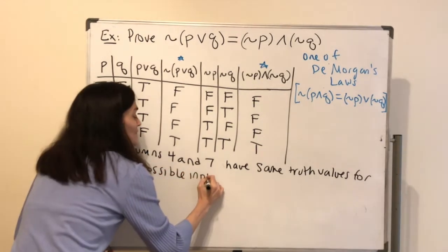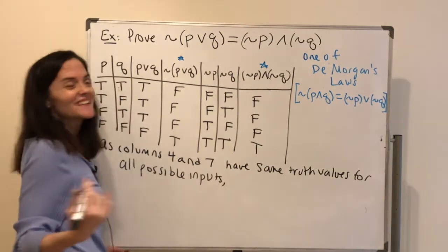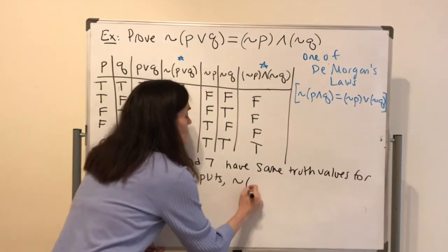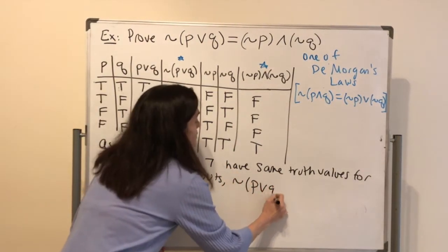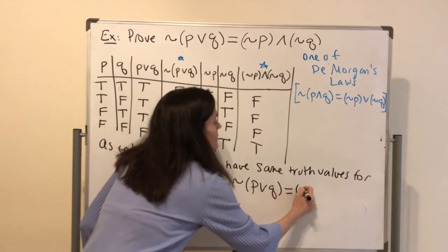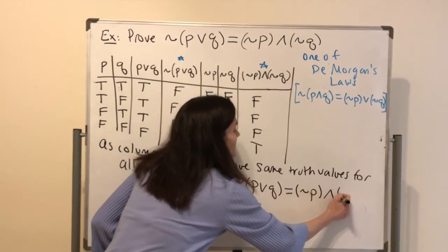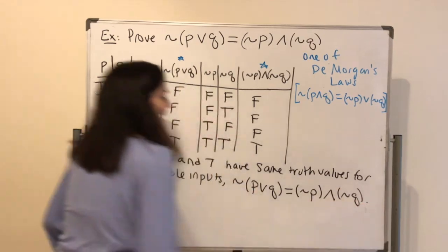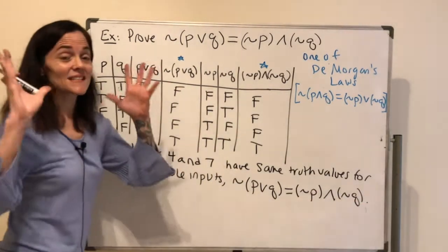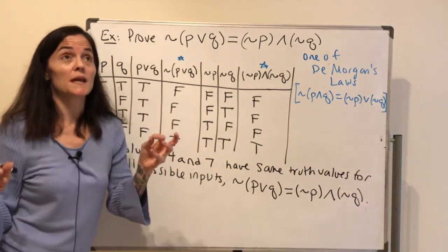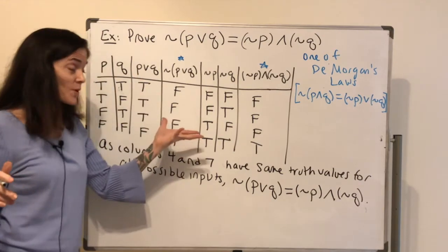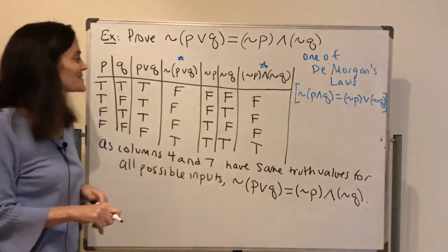Let's see, we have shown logical equivalence. We have shown this one of De Morgan's laws. So P or Q is logically equivalent to not P and not Q, okay? This is logical equivalence, which we prove using a truth table plus a sentence.